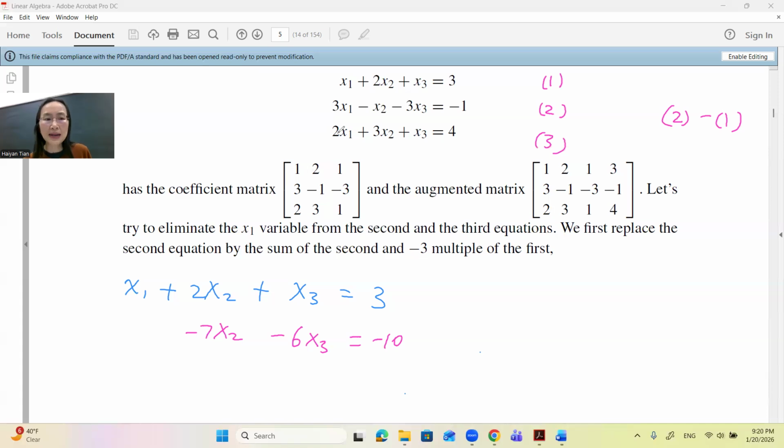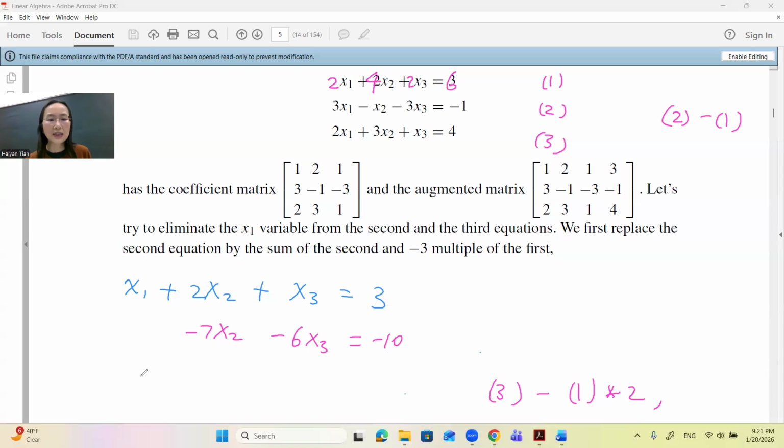In order to eliminate the x1 variable, I hope this is a 2, right? So let's put a 2. 2 times the first equation is 4, 2, 6. So I multiply the first equation by 2 and then do a subtraction. So this is now third equation minus first equation times 2.